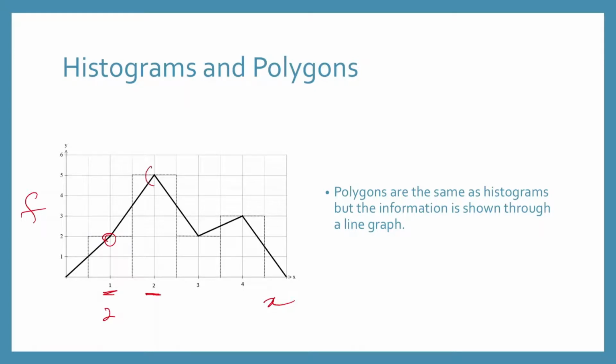Score times frequency, 2 times 5, 10. 3 times 2, 6, and that's going to be 12. So same thing, mean equals fx over f, and the answer is going to be exactly the same because it's the exact same graph.